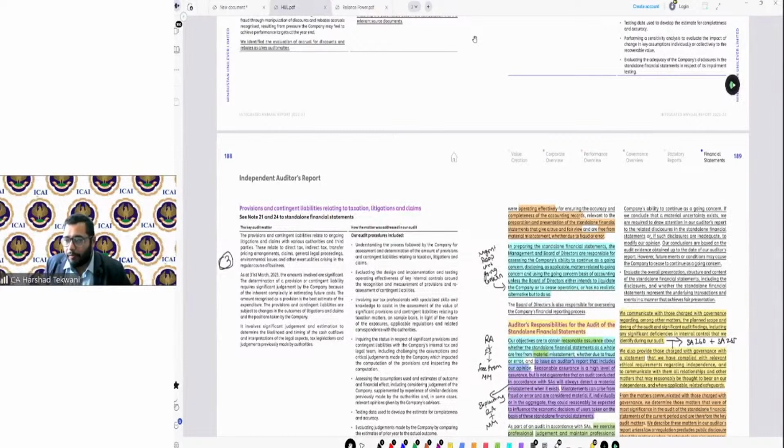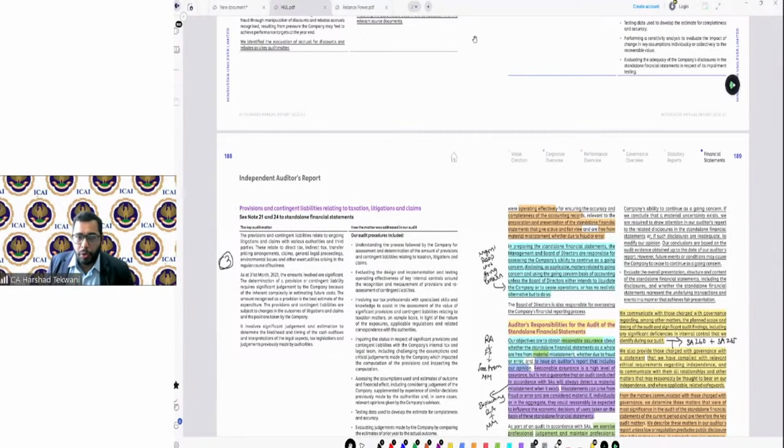Now, today we are going to discuss SA 710 and SA 720. So first, we need to understand what SA 710 is and where it comes into our audit report.